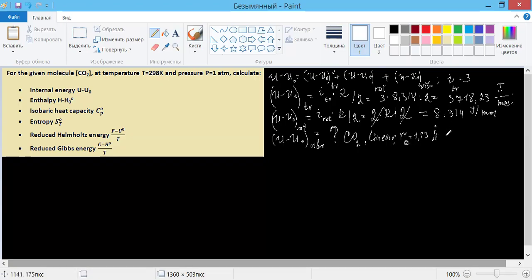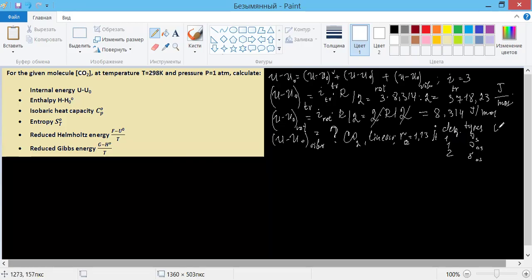Remember, the angstrom means 10 raised to the minus 10th. Degeneracy: 1, 1, 2. The types of vibration: nu sub S, nu sub AS, and delta sub AS.